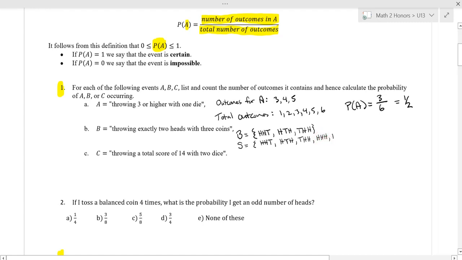You can have only 1 head, and there's 3 different ways to have that. And you can have all tails. So there are 1, 2, 3, 4, 5, 6, 7, 8 possibilities. So the probability of B happening is going to be 3 out of 8.